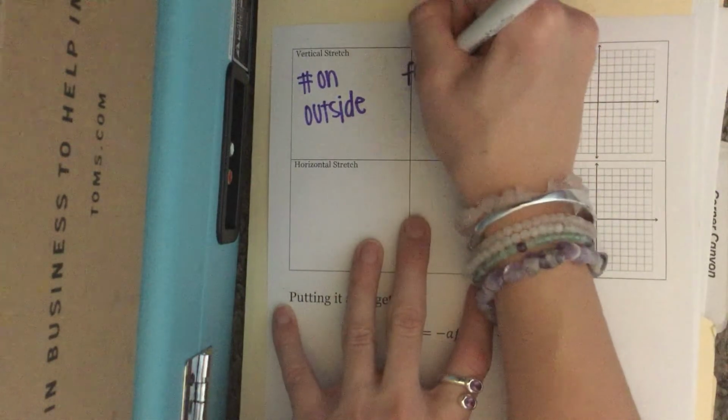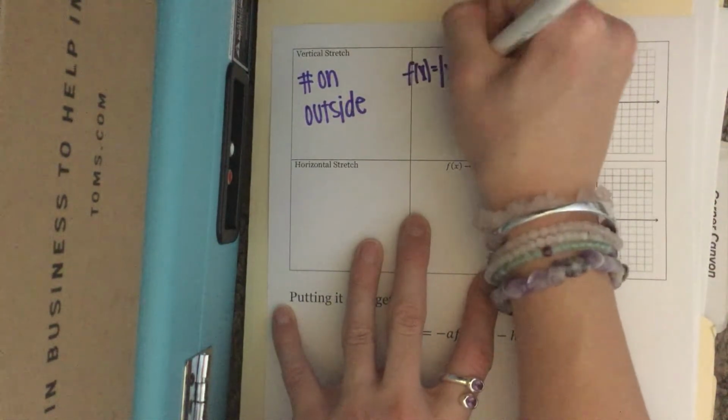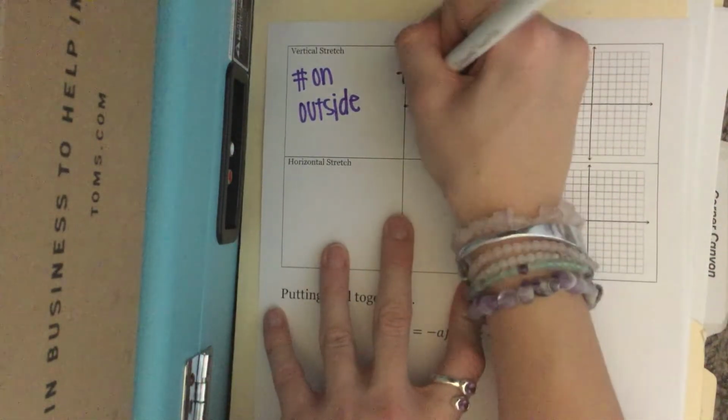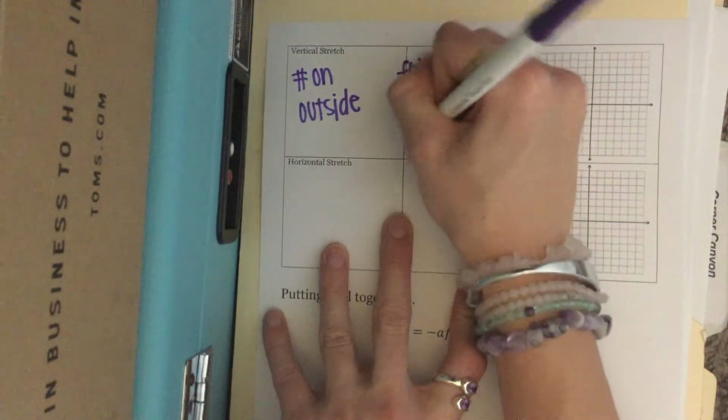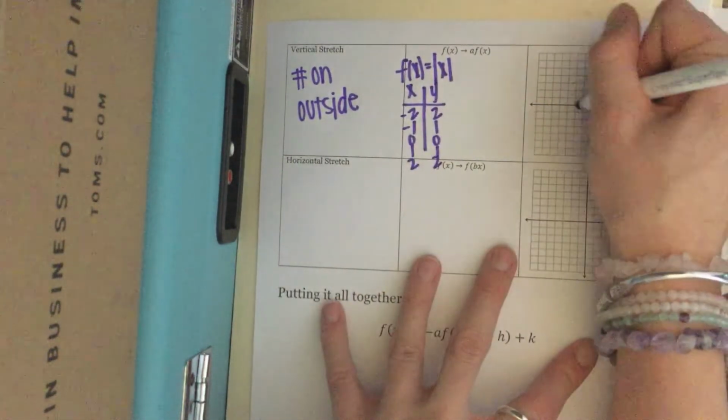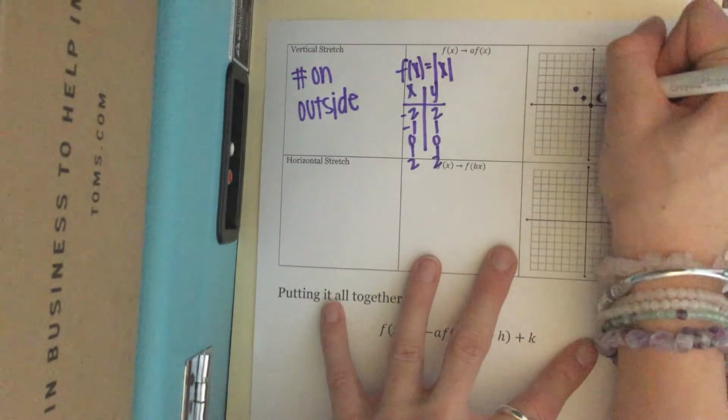So let's let f of x equal the absolute value of x. So that's going to be x: -2, -1, 0, 1, 2, and y: 2, 1, 0, 1, 2.